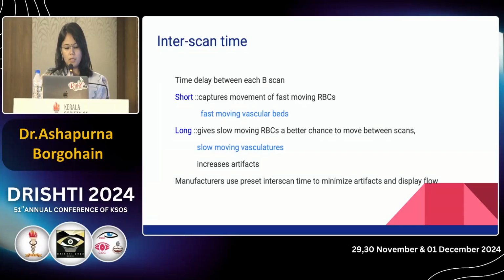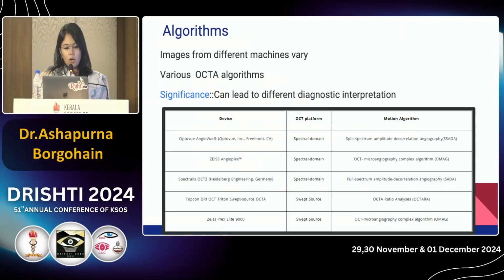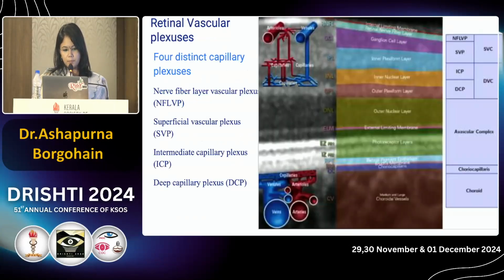But most of the machines have a preset interscan time to minimize artifacts and display flow. The commercially available machines use various OCTA algorithms. The importance is that when we read an OCTA report, it can lead to different diagnostic interpretations if we see it from different machines.